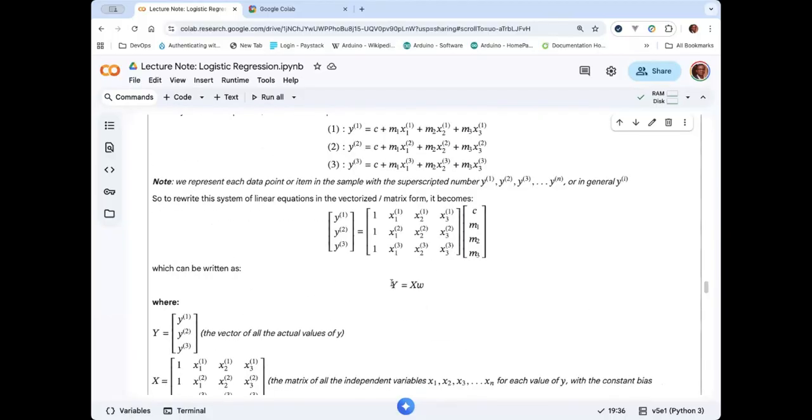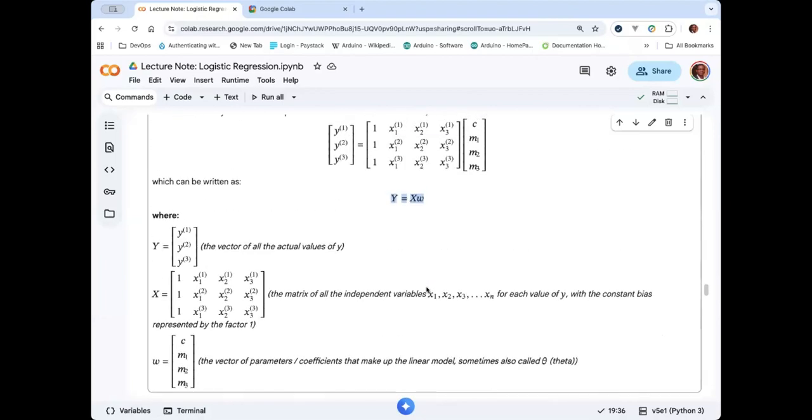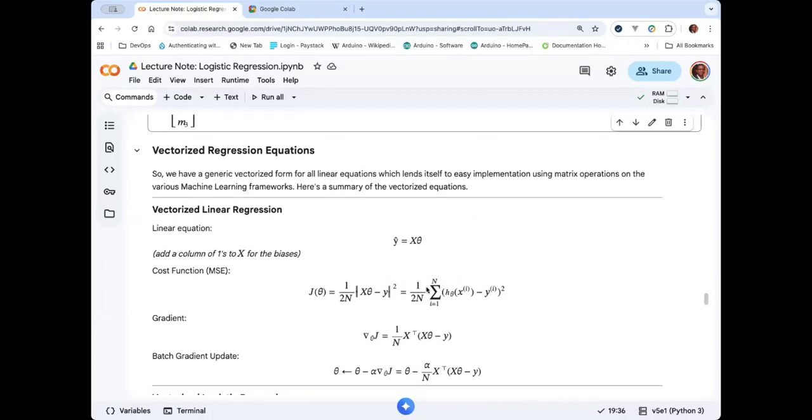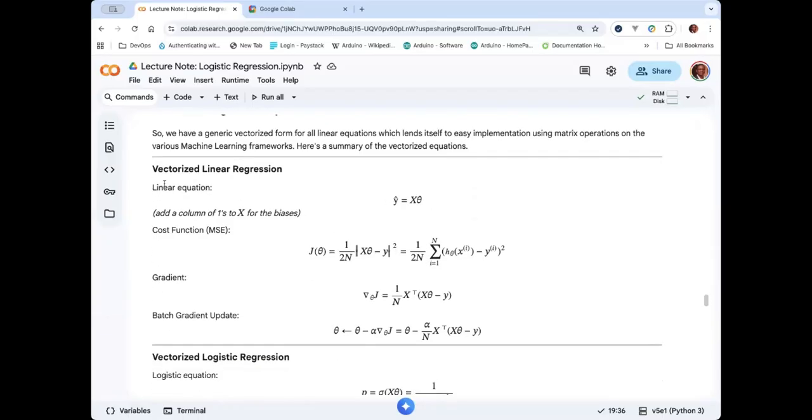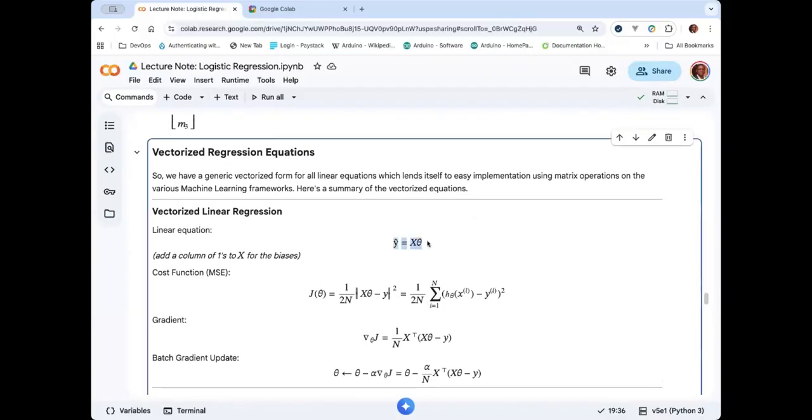So this is vectorization now for a system of linear equations. We can now use this general approach to express how we would vectorize linear regression. So this linear equation is y hat equals x theta. Now this is just another way of writing it.